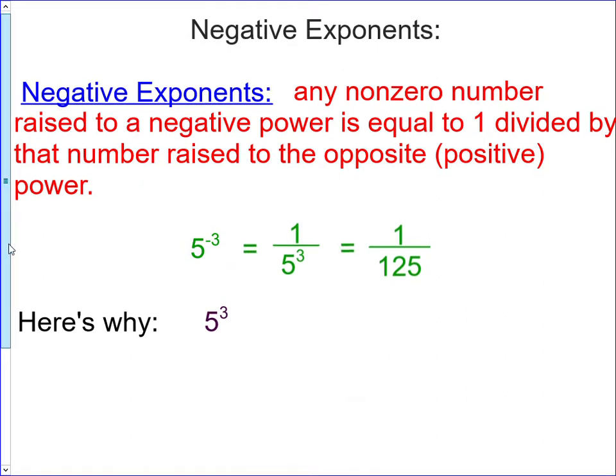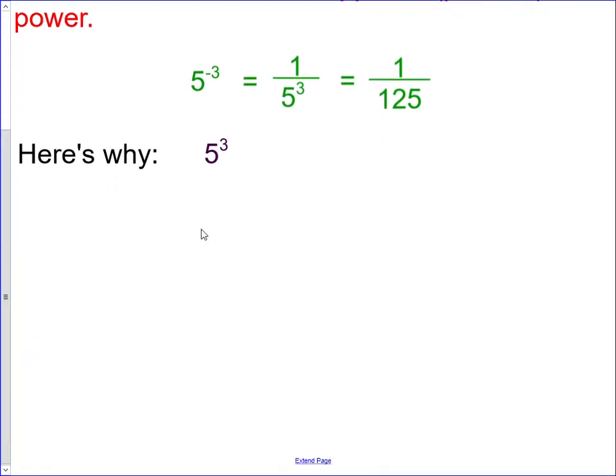So let's take a look at why that works. Let's start with 5 to the third power. We know that 5 to the third power means 5 times 5 times 5, which is equal to 125. If we drop down 1 on the exponent, we have 5 to the second power, which means 5 times 5, which is equal to 25.